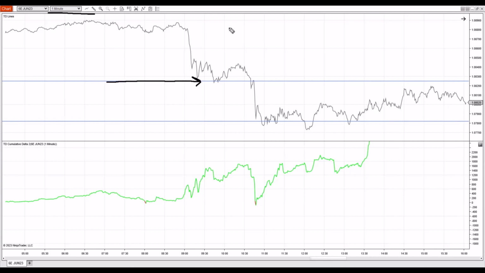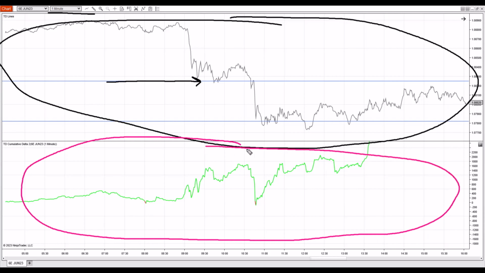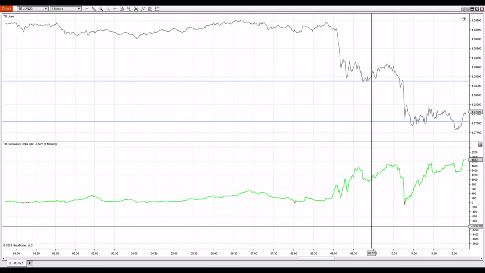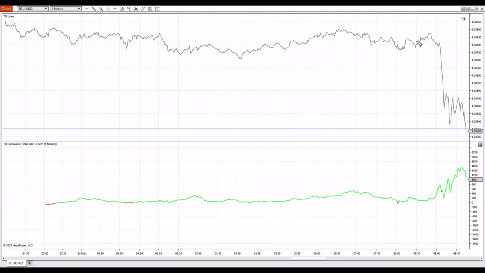This is the 1 minute price chart, and this is cumulative delta. At this time, the price is heading towards the level. This is what the price is doing on the 1 minute chart, dropping towards that potential support.